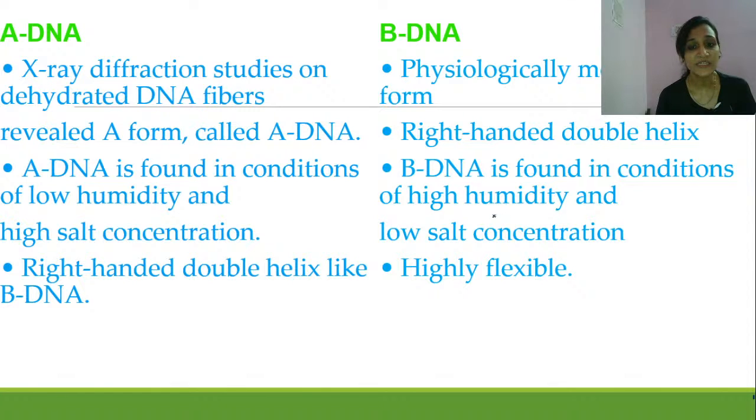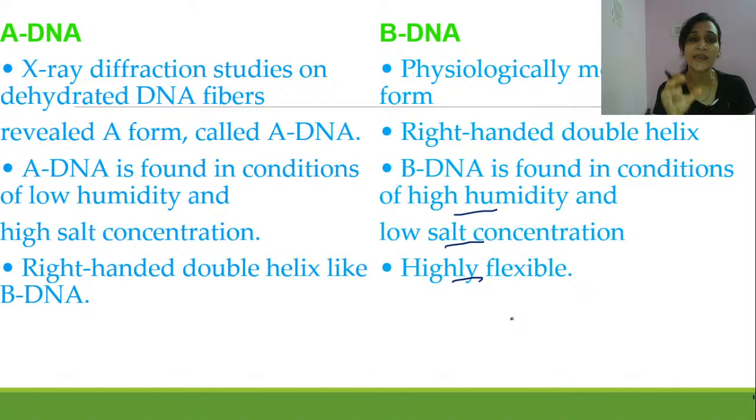Then the conditions in which it exists are high water and low salt concentration, and it is highly flexible. We'll be seeing how they are bonded to each other, how it is bound and how it is stored in a very compact manner. So bDNA is the most prevalent one in our body.